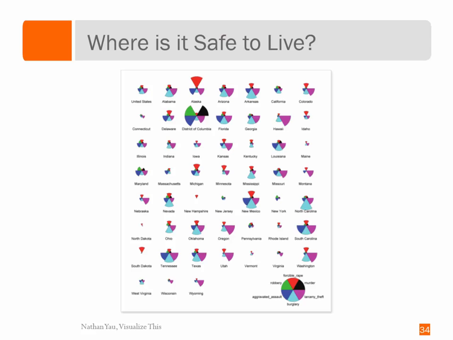But hopefully you guys get a sense of how to use a small multiple as a comparison of one place to the other. And of course, the question that we started out with answering, where is it safe to live? Visually, we can take a look at this overall chart and pretty quickly start to zero in on some particular states where it might be a little bit safer to live. New Jersey stands out, New York stands out, Vermont, Rhode Island, Virginia, perhaps North Dakota.